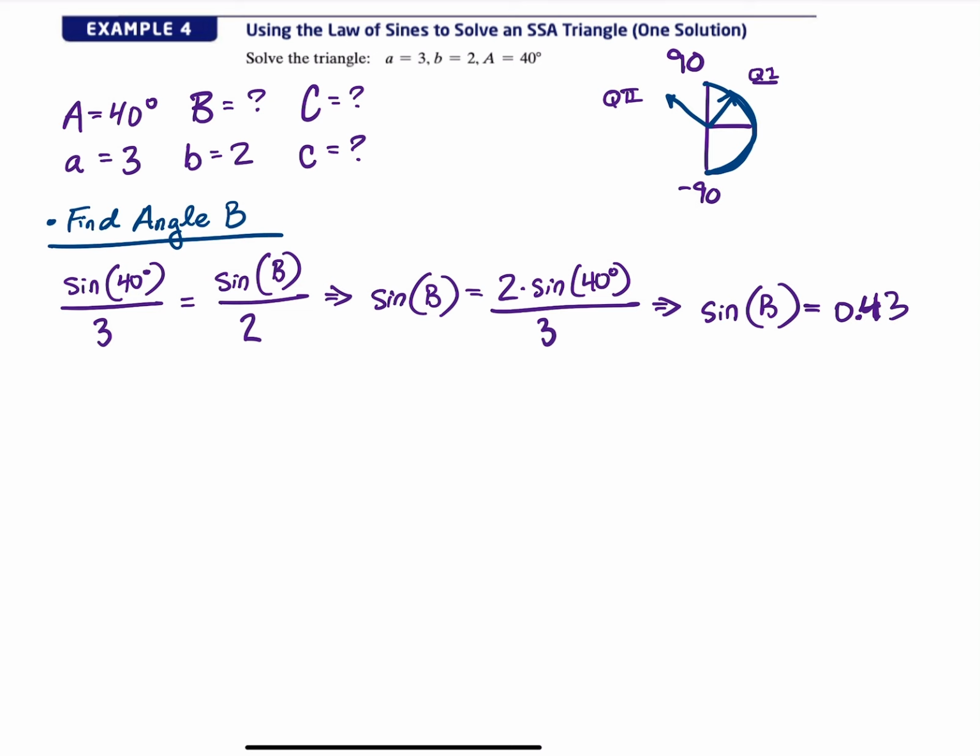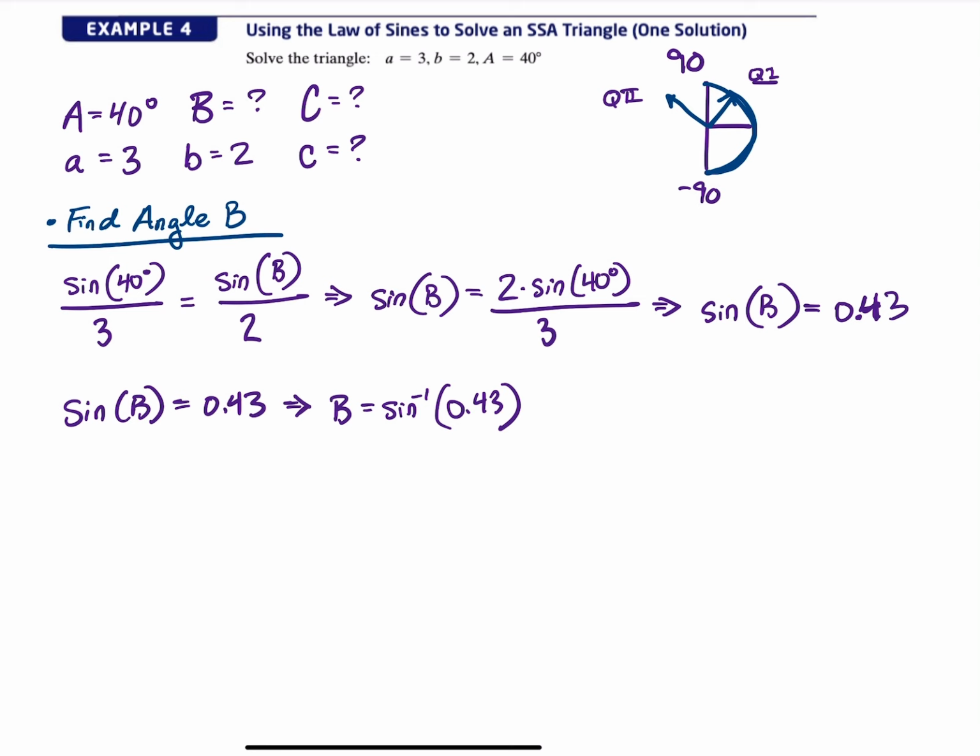So let me jump down here. I'll rewrite what we have. The sine of B equals 0.43. So let's take the inverse sine of both sides, and we can say that B equals the inverse sine of 0.43.